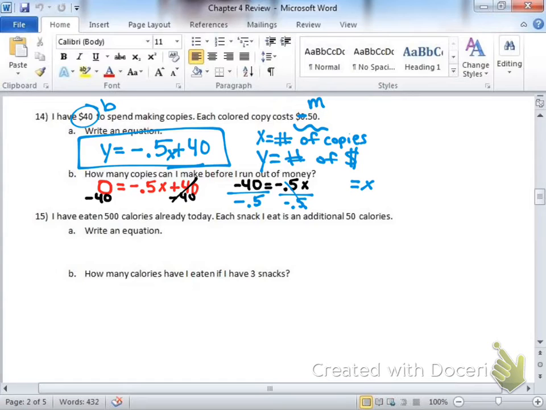Well, a negative divided by a negative is going to be a positive. What's 40 divided by a half, or 0.5? Anybody have a calculator? 80. It is 80, yes. 80, what are we talking about? Copies. So X equals 80 copies, either way.